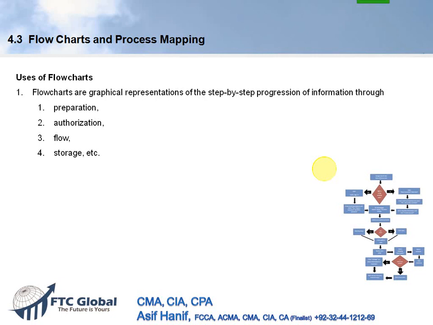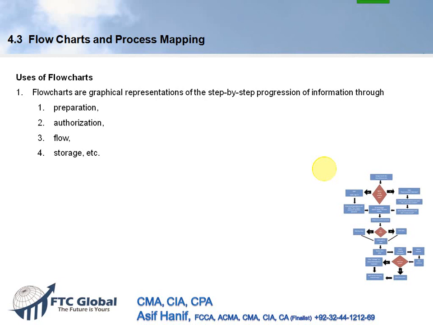And as I told you, the flowcharts could be made for manual systems as well as computerized systems, or a combination of both. Now, how would it influence the work of the auditor from the internal audit point of view? For an internal auditor, it is very important to understand the system where he will be performing his work of internal audit.